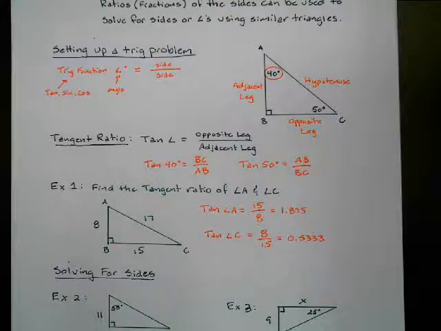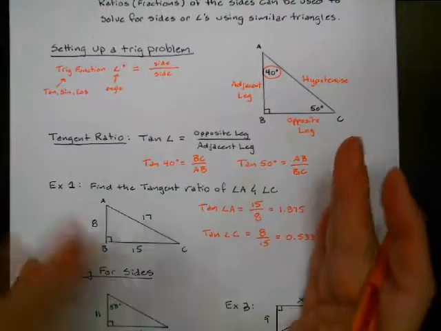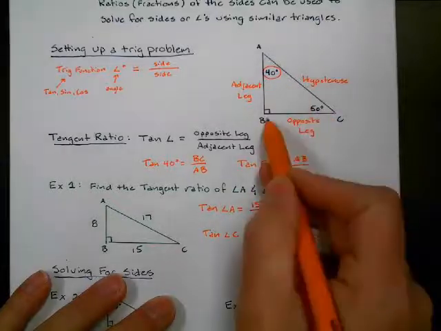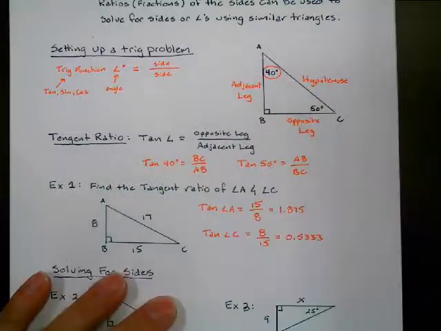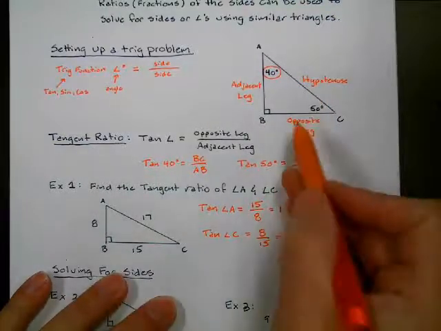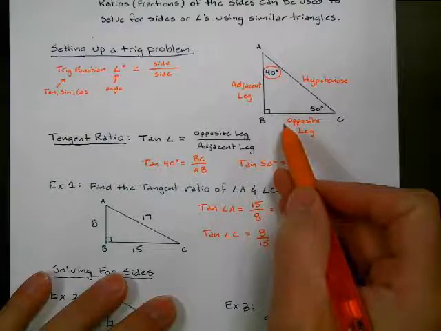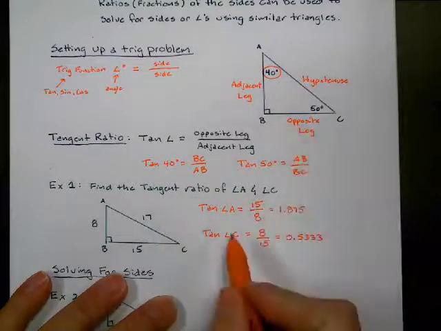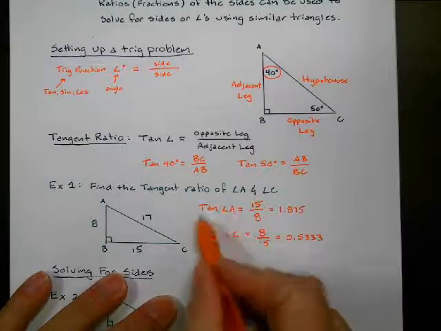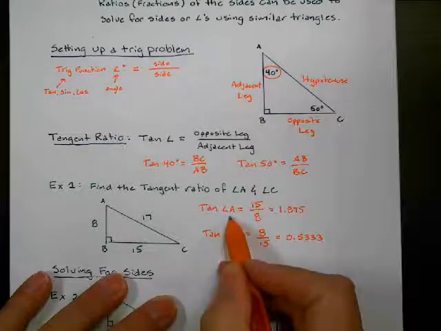And some of you might be scratching your heads and going, well, what is this tangent and what is this ratio? Why are we setting up these fractions? What are we actually doing here? Well, every triangle that is a 40, 50, 90 triangle is similar, right? Because similar triangles have the same angle measurements. So that means there should be a scale factor here, since these are similar triangles. And what we have here is the tangent of whatever angle we're looking at is the scale factor of that angle.